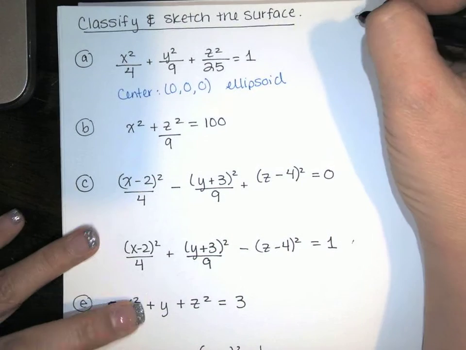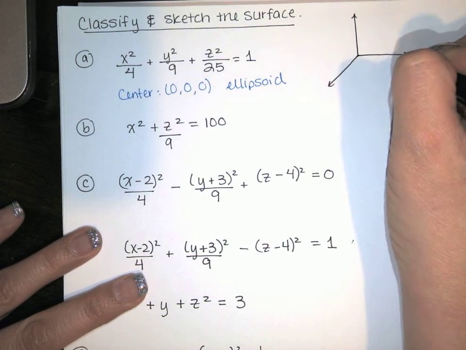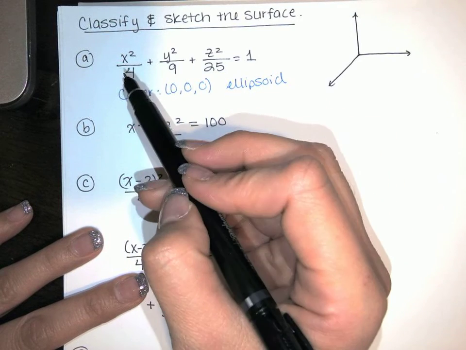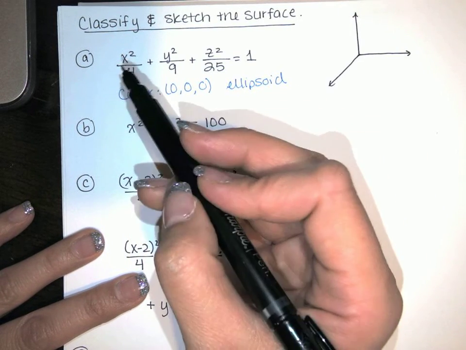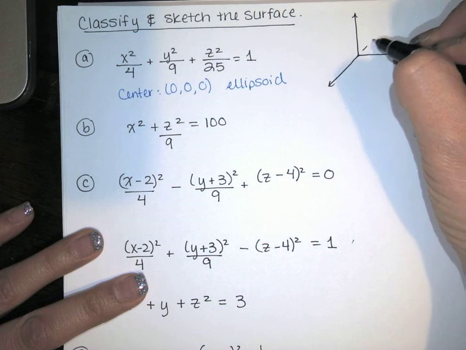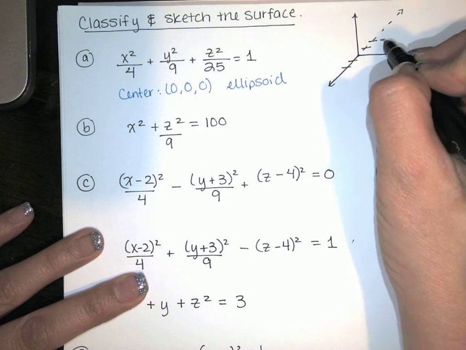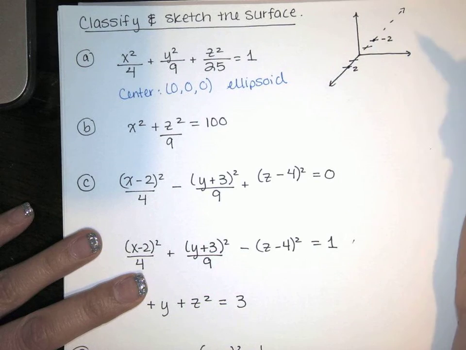To figure out how long this ellipsoid is in the x direction, the y direction, and the z direction, we look at these numbers in the denominator. Now, since there's a 4, which is a 2 squared under the x, we're going to go plus and minus 2 units in the x direction. So you're going to go to negative 2 and positive 2. Those are on our ellipsoid.